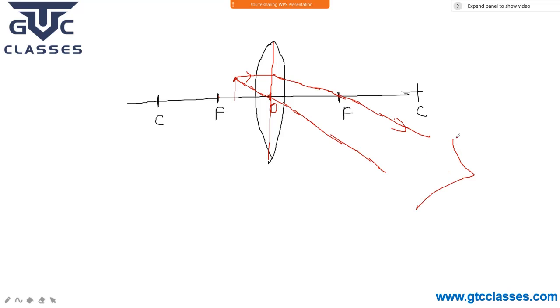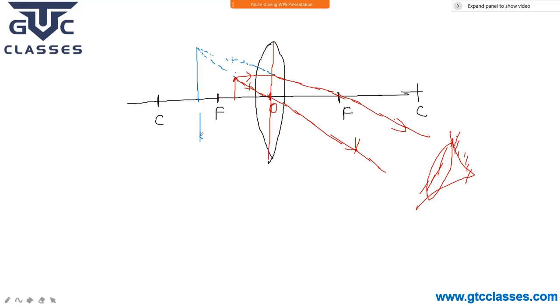Our eyes only see the refracted rays which are coming. So these are the two rays which are coming from this. Now what is our eye's tendency? Our eye basically tries to trace it back. When the eye traces it back, what will we see? This is the image getting formed.